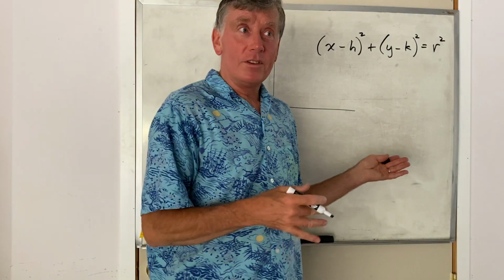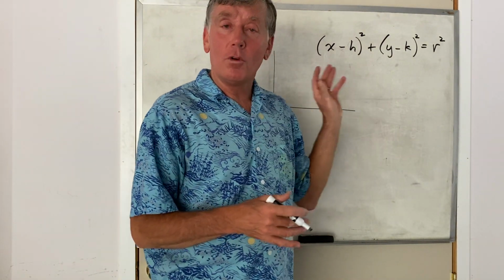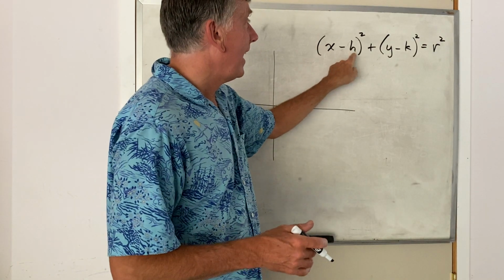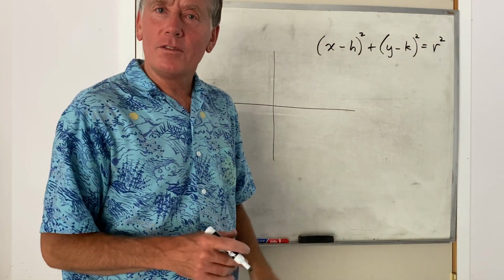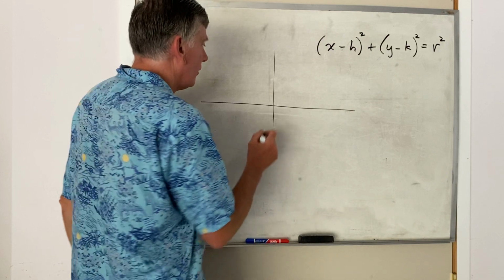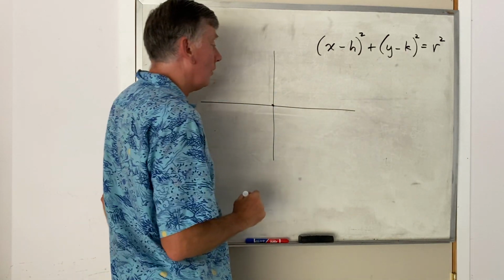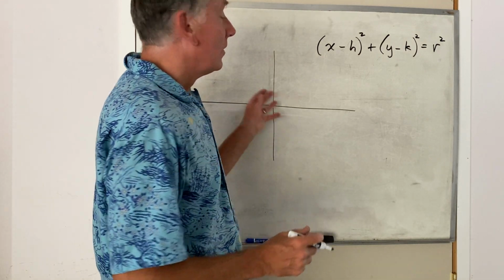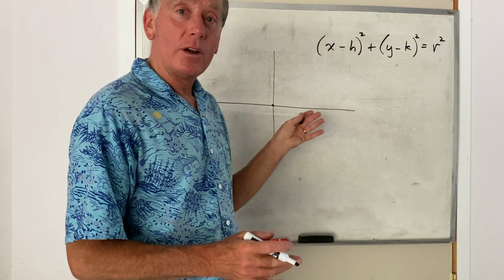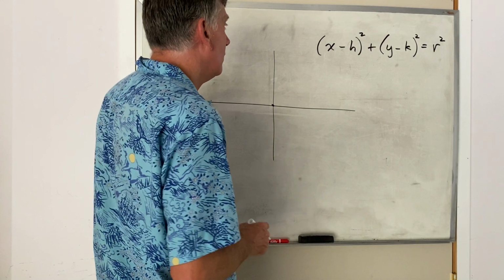We will, towards the end of the class, talk about this a lot more. But right now I want to tell you that h and k are the points of the center of the circle. If our circle is at the origin, h is 0 and k is 0. So it becomes simply x squared plus y squared is equal to the radius squared.